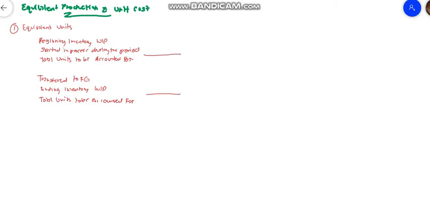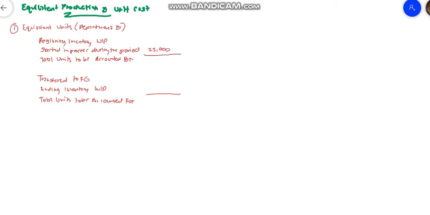In this problem, the total units accounted, the amount that is transferred from department A to B at the beginning of the period, was around 25,000 units. So since we're talking about, this is for department B, okay? So that's the only data that we have.